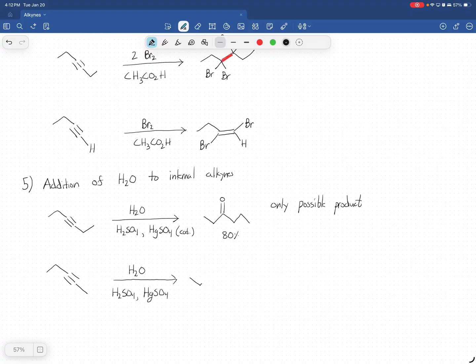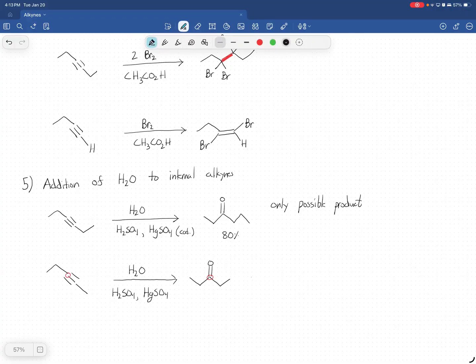You can get the ketone on one end of the alkyne. Imagine we go to this side first. You go to that side, and that's product number 1 right here. But then you also get this product.